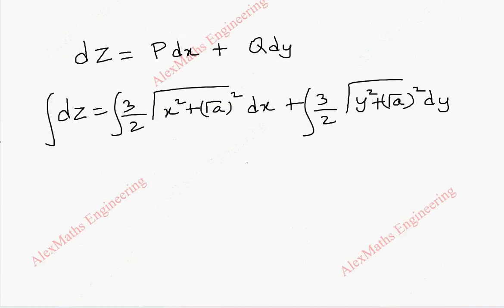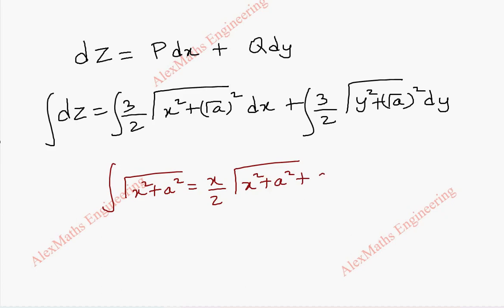Both are the same formula. The formula which we are going to apply here is integral of root of x square plus a square is x by 2 root of x square plus a square plus a square by 2 sinh inverse x by a plus c.